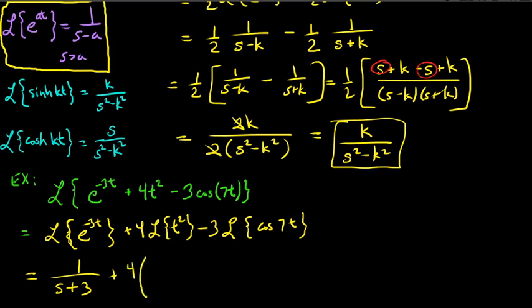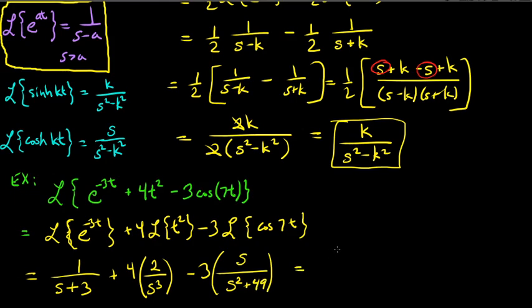Hopefully you remember for t squared, that's going to be 2 over s cubed. Right. And then minus 3 times, well, cosine of 7t. For cosine, I think that's going to be s over s squared plus k squared. Here k is 7, so 7 squared is 49. Right.